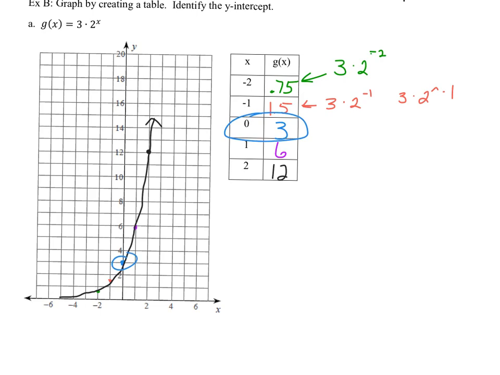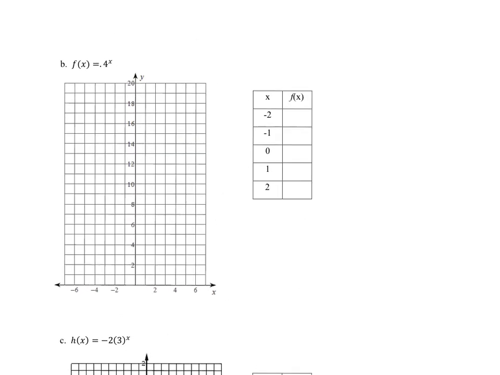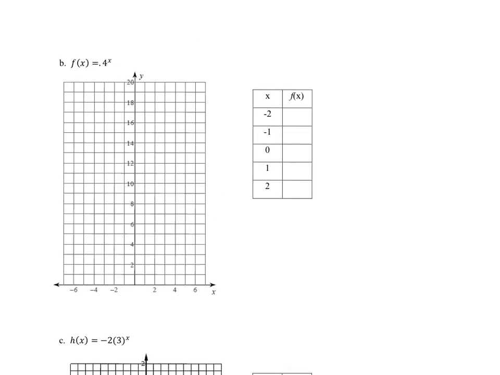All right, next page. Very similar. This time we just have 0.4. I know this is going to be decay because the b value, the base with the exponent, is less than 1. That means it's going down from left to right.